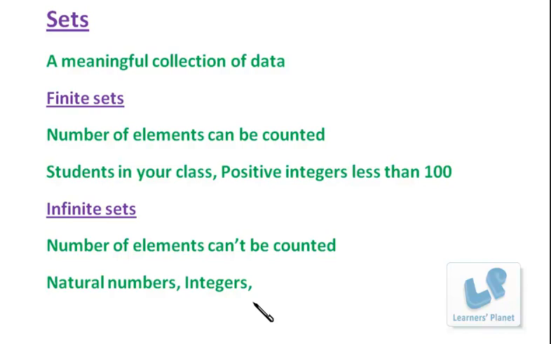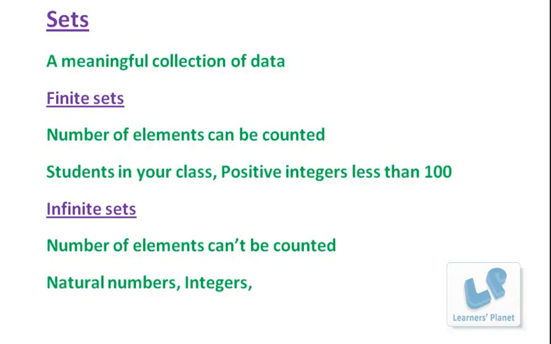Similarly, if I talk about the number of males in your city, the set is well defined, but still it is an infinite set because it becomes really difficult to get the exact number of males in your city, right? So that is an infinite set.